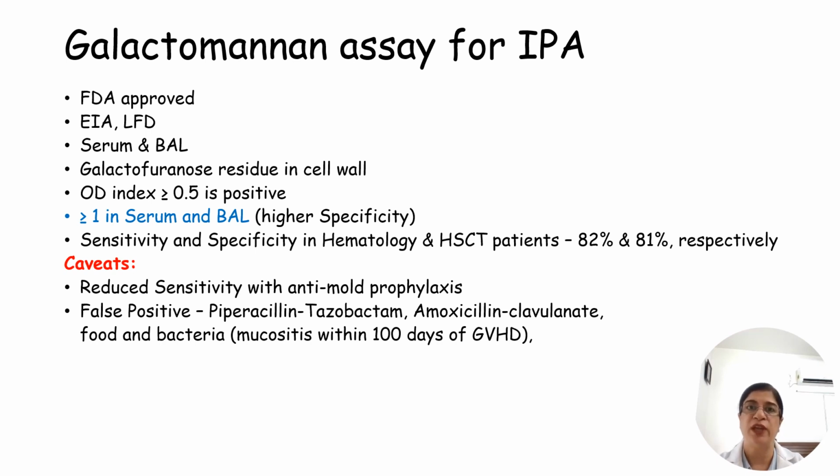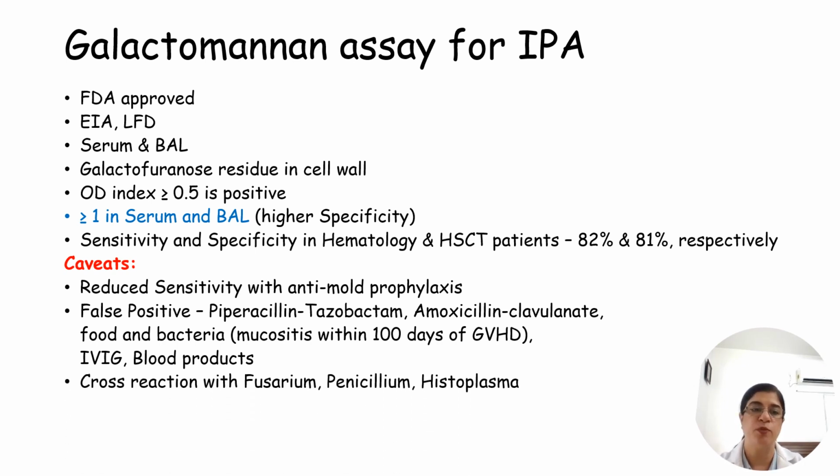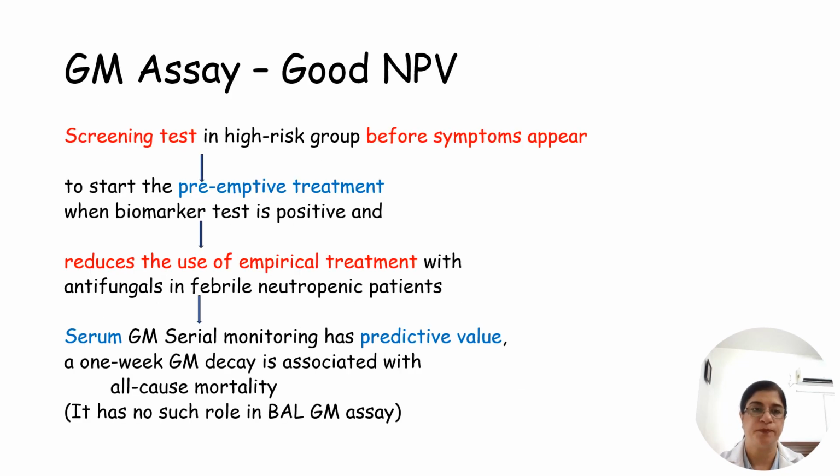In cases of mucositis, they cross the barrier and reach the blood and can give a false positive response. Similarly, IVIG and some blood products give false positive response. And it also cross-reacts with other opportunistic hyaline molds.